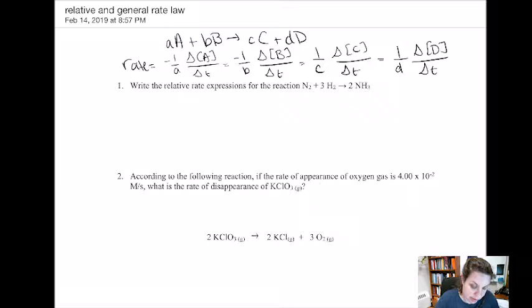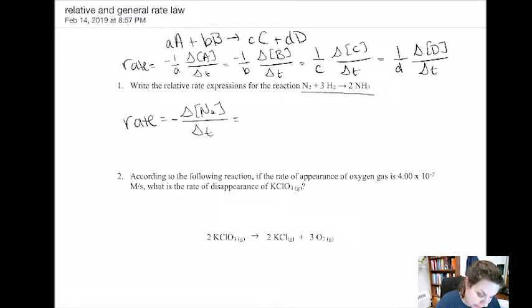So we've got this equation. If we want to write out our rates, they will be equal to the rate of disappearance of N2 and H2, and the rate of appearance of NH3. So for N2 it would be delta N2 divided by delta T, and this would be a negative because of the rate of disappearance.